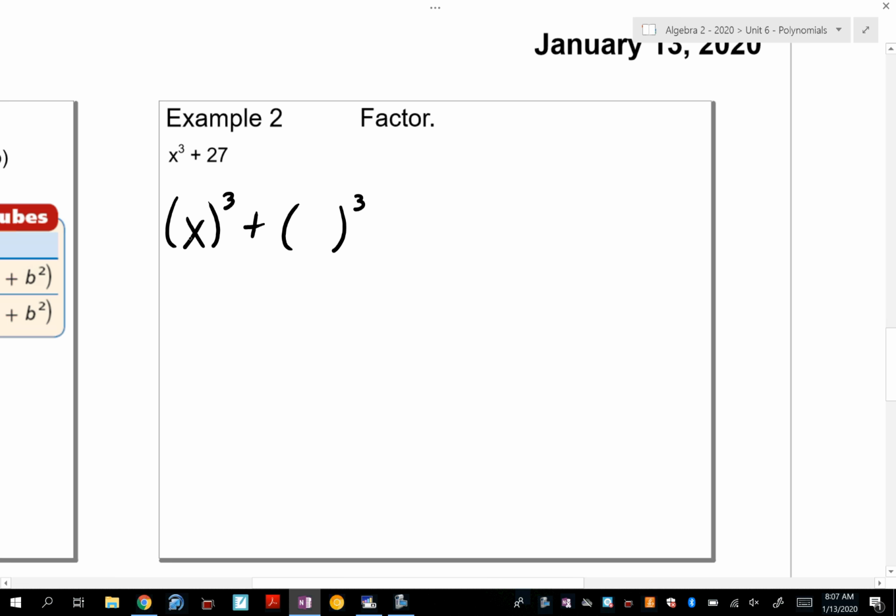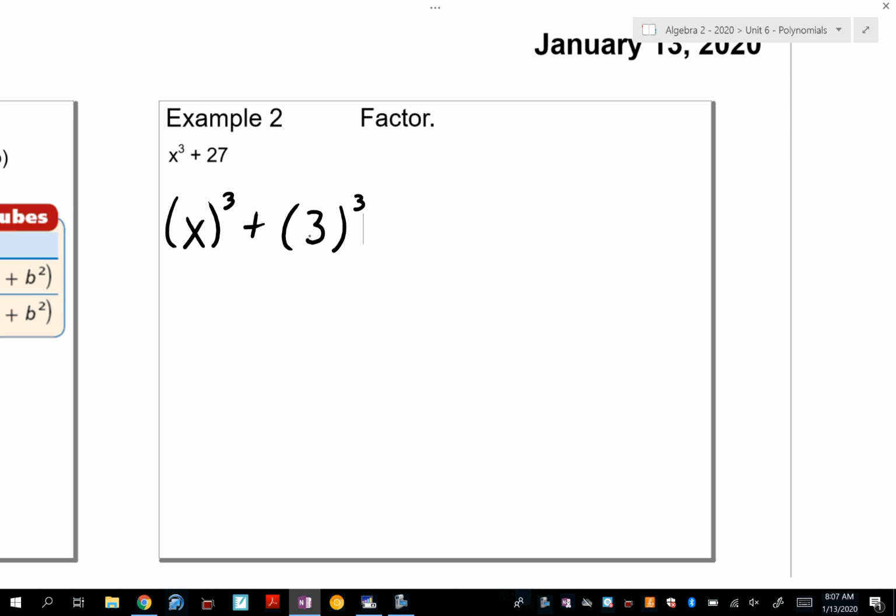X. Right? Just trying to trick you there. This will be a little tougher. What number cubed gives you 27? It's actually 3. 9 times 9 times 9 is 729. So 3 times 3 times 3 is 27.